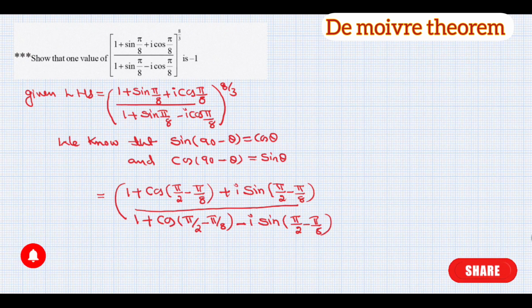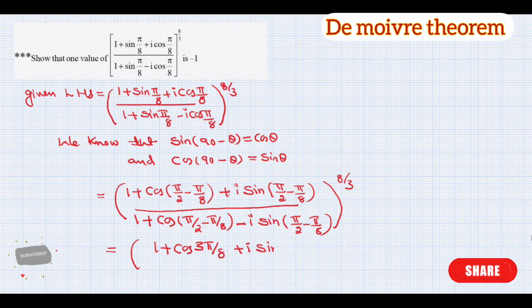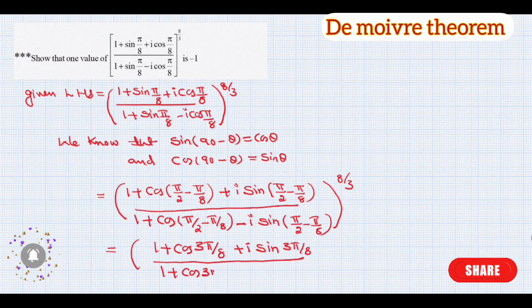So right here, this whole power 8/3 is equal to (1 + cos 3π/8 + i sin 3π/8) / (1 + cos 3π/8 − i sin 3π/8) whole power 8/3.